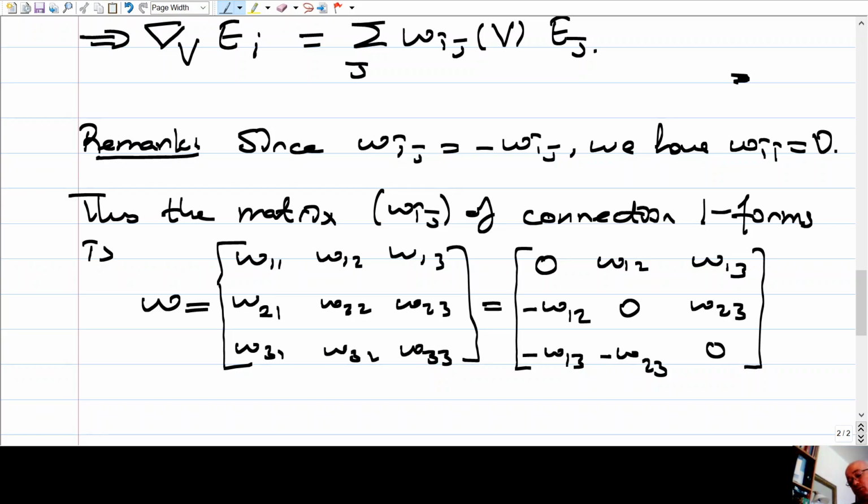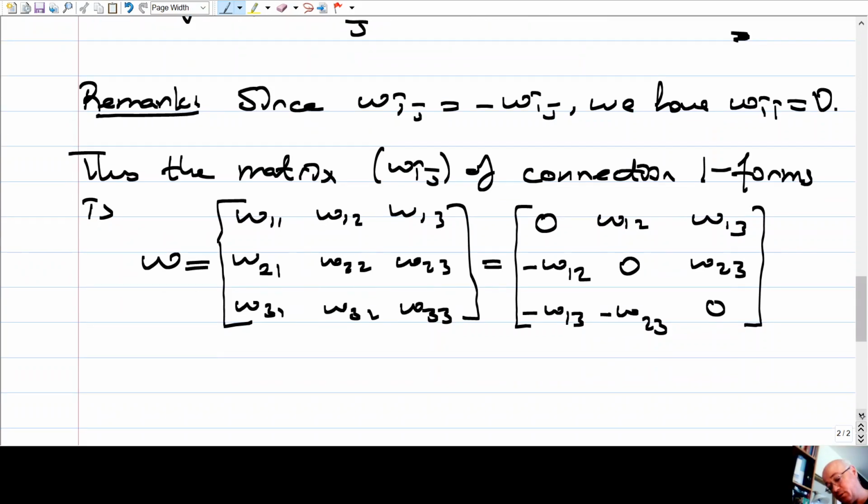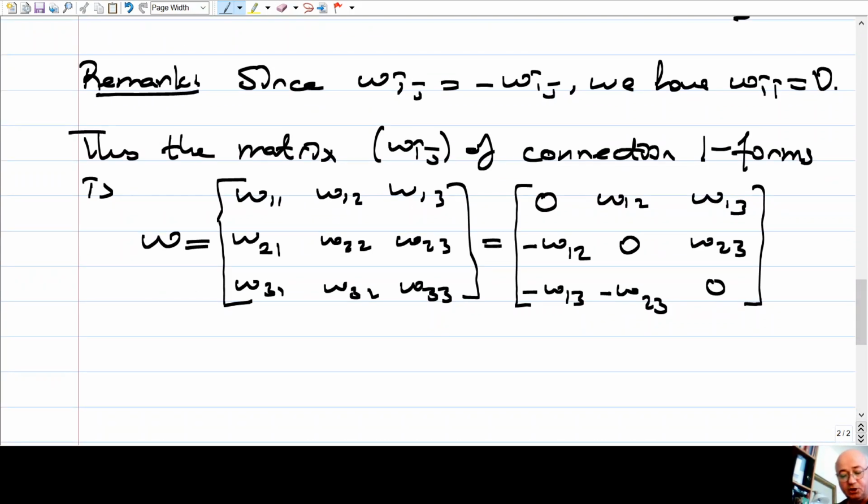Okay, so connection one forms are determined actually by just 3 terms. Even though initially we had 9 terms, actually the relevant ones are just these 3 terms. Okay. All right.